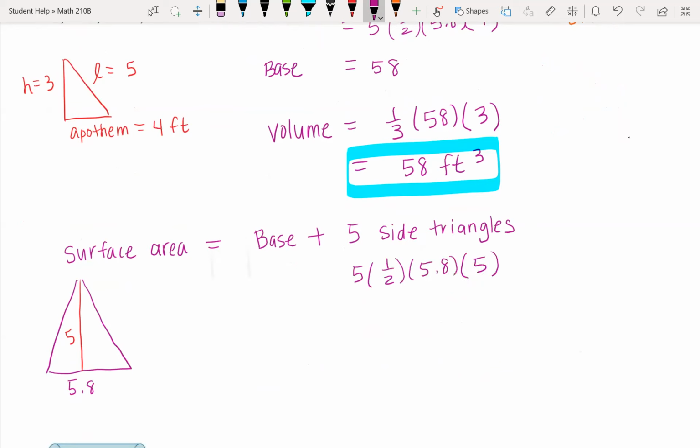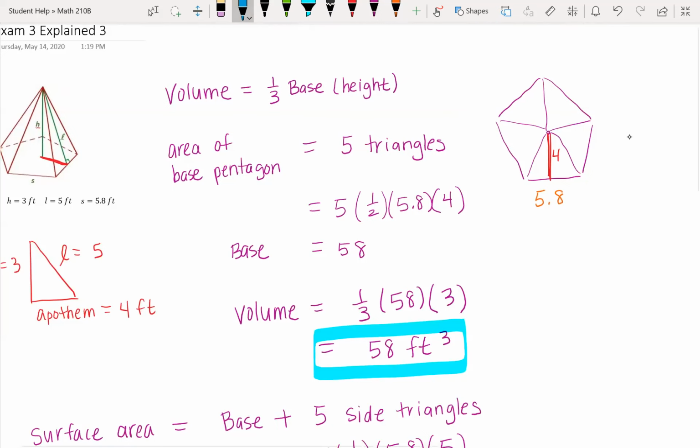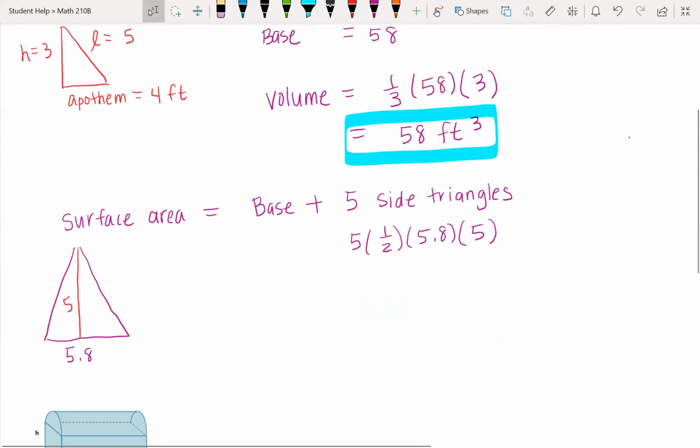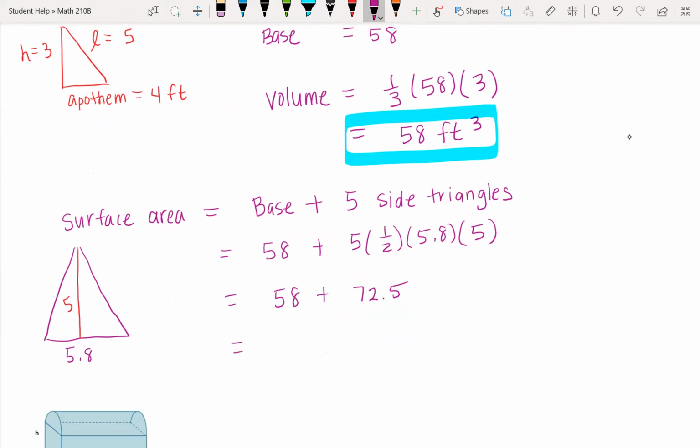These are the triangles I'm talking about, the triangles that make up the sides of the shape like this over here, right? And the base we said was 58. So let's add this all together. This is 72.5. So I'm getting 130.5 feet squared.